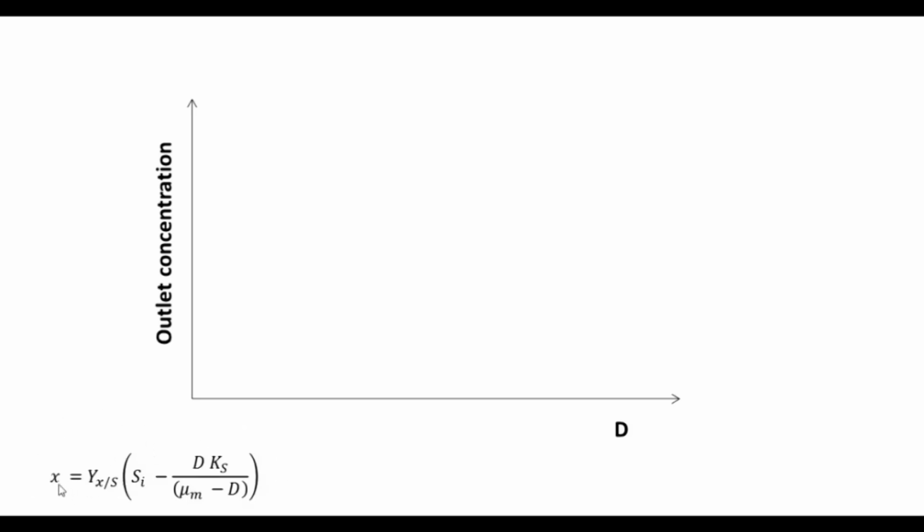We are plotting the outlet concentration of cells, which is given by this equation. If we convert this into a graph, it is going to look something like this. The drop is very steep here, closer to the Dc. At the critical dilution rate, there are no cells present in the outlet.